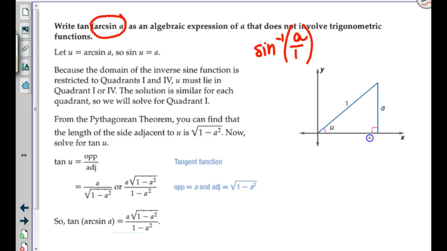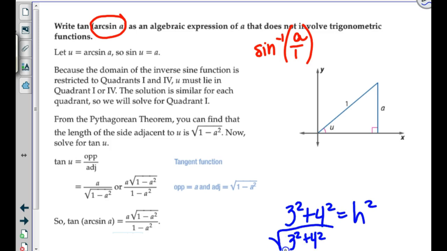Now we need to come up with an expression for down here. And students do the craziest things on these. They kind of forget that you can't simplify. Everybody understands that when we do this, we have to go 3 squared plus 4 squared and then square root, right? We can't just go 3 plus 4 and get rid of the square roots, because this comes out square root of 25 or 5, not 7, right?